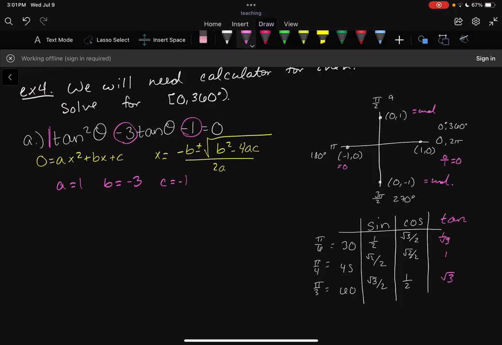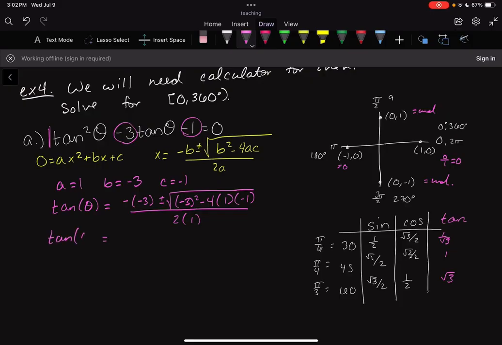My variable here is not really just theta, it's actually tangent theta, because that's what I'm seeing instead of x. So I have tangent theta equals negative negative 3 plus or minus the square root of negative 3 squared minus 4 times 1 times negative 1, all divided by 2 times 1.